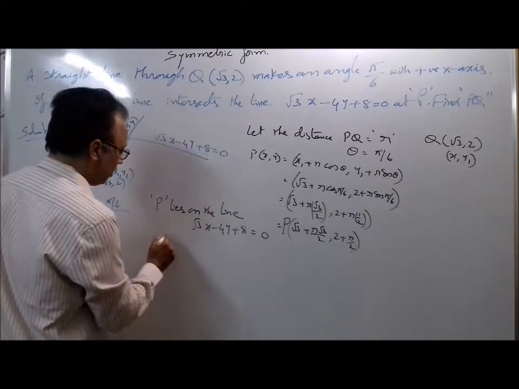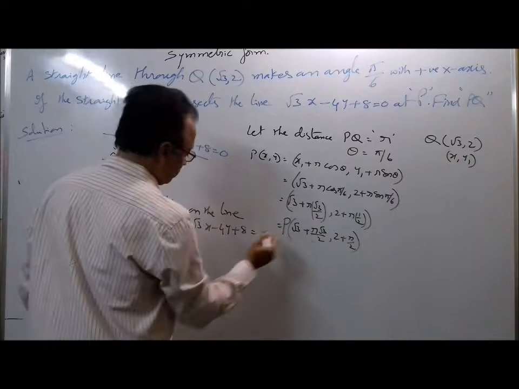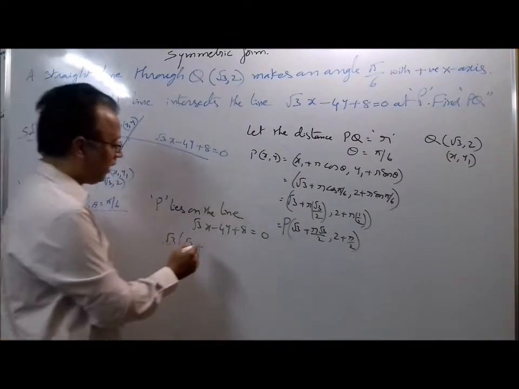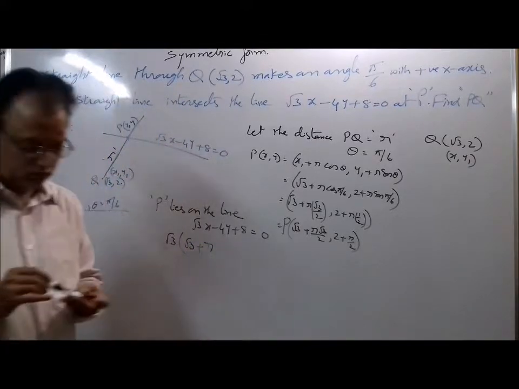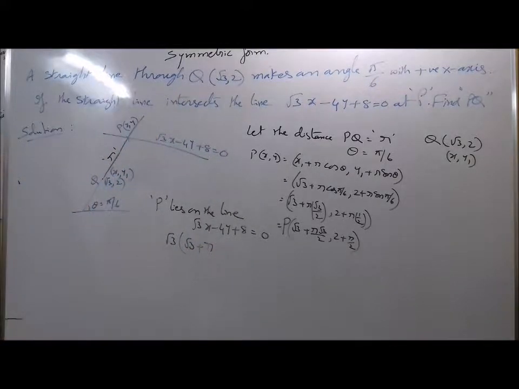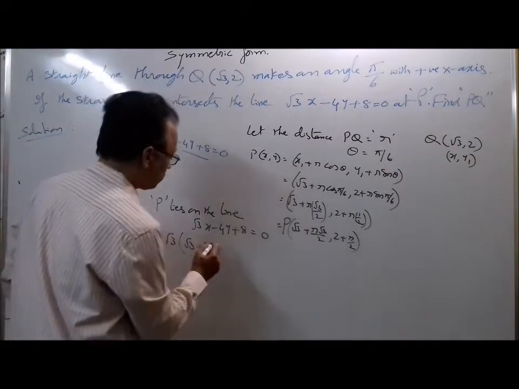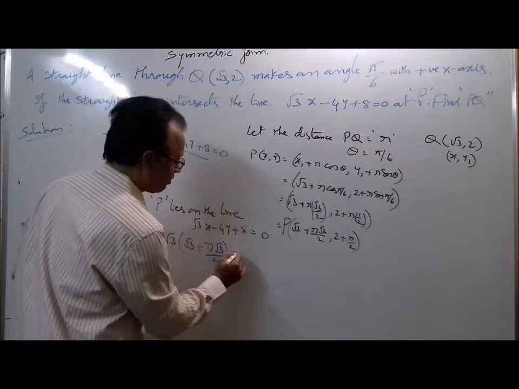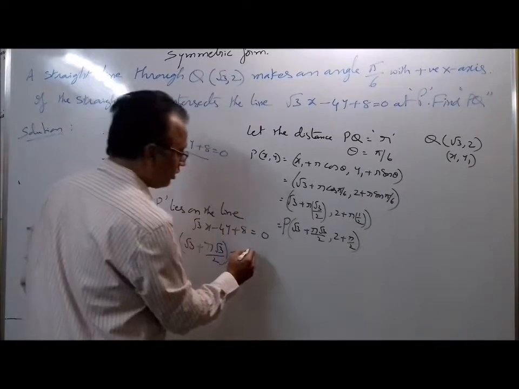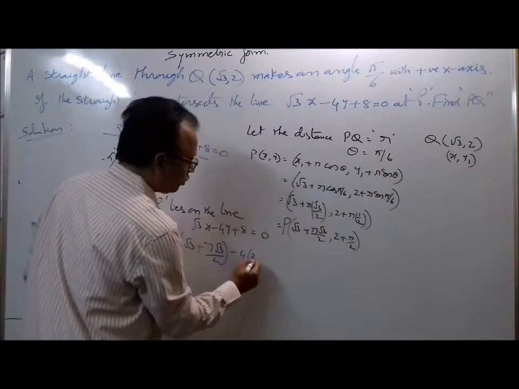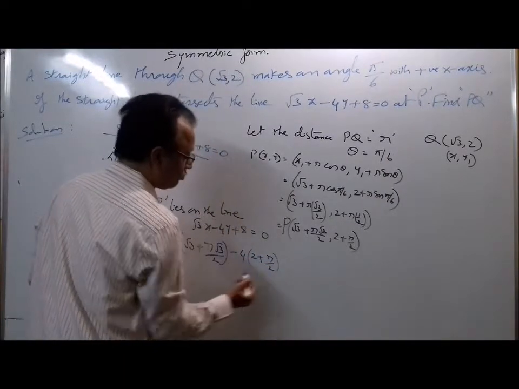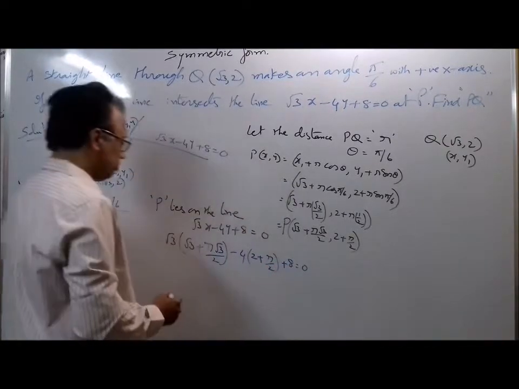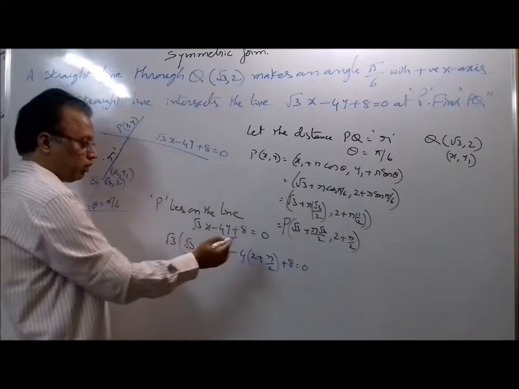That is root 3x, we got root 3 plus r root 3 by 2, minus 4y, y is 2 plus r by 2, plus 8 equal to 0. So bracket open and expand.